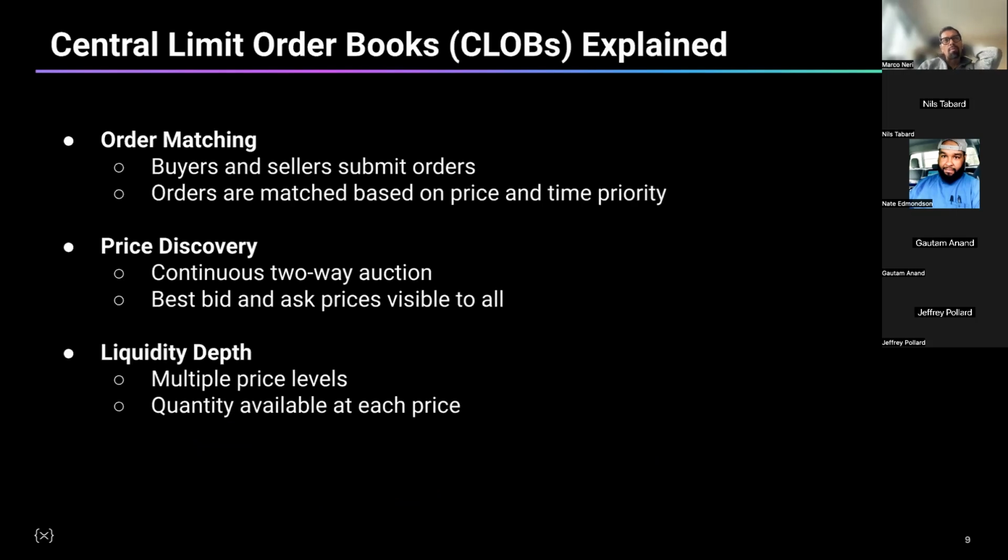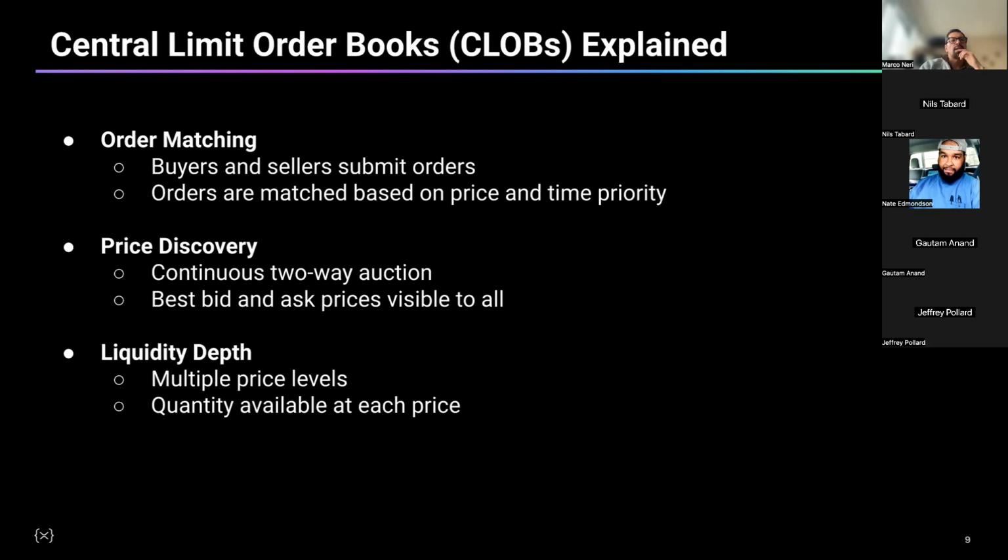So maybe you already know what central limit order books are, but the idea is that users can be buyers or sellers, and they are allowed to submit orders to buy or to sell a certain asset at a certain price.